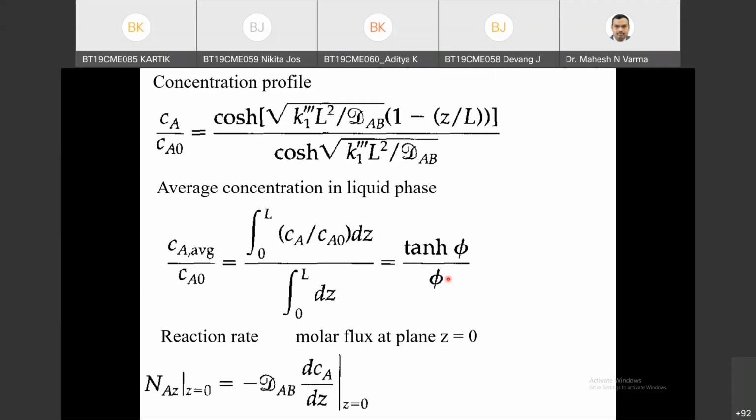So NaZ is minus DAB dCA by dZ at Z equals 0. That will equal Ca0 DAB divided by L, phi into tanh phi. After substituting Z equals 0, you will get these values.